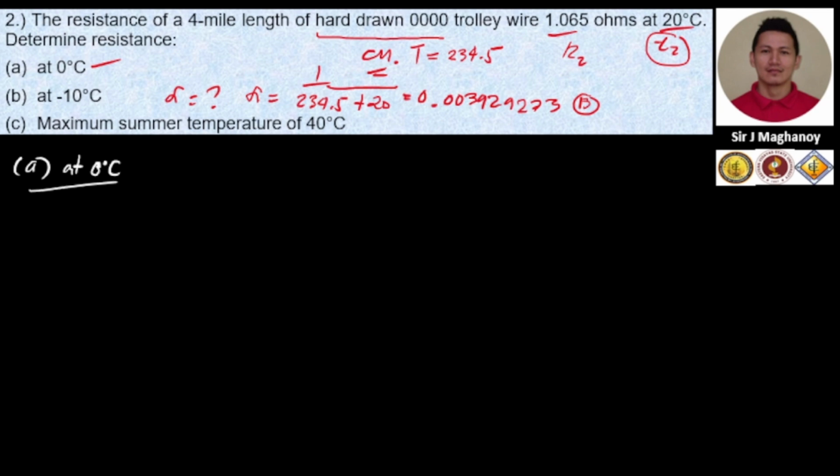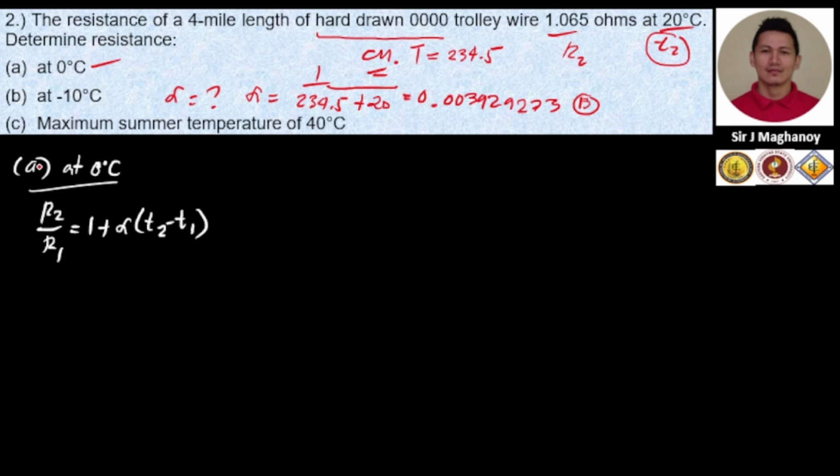Okay, going back to our problem, determine the resistance at temperature 0. Let's recall the formula first. Our formula is R2 over R1 is equal to 1 plus the temperature coefficient times the final temperature minus the initial temperature. Let's check the given if we have the data.